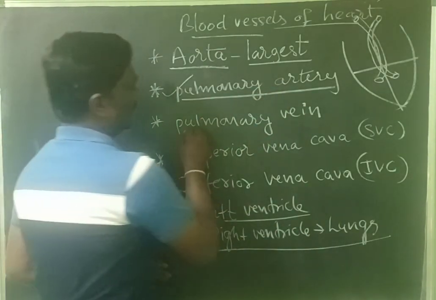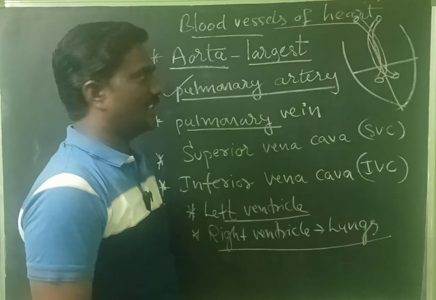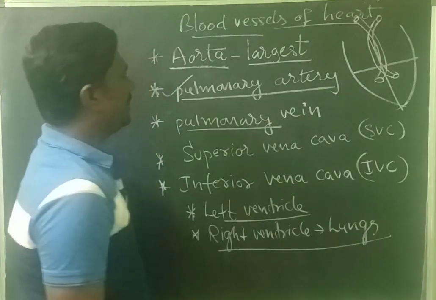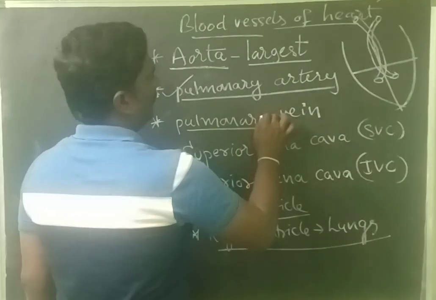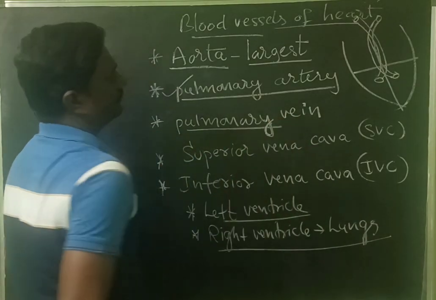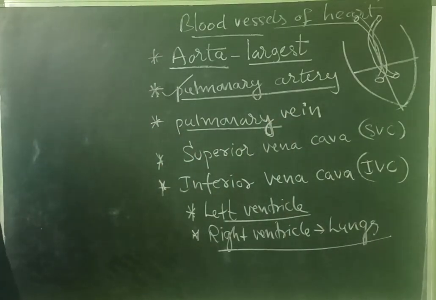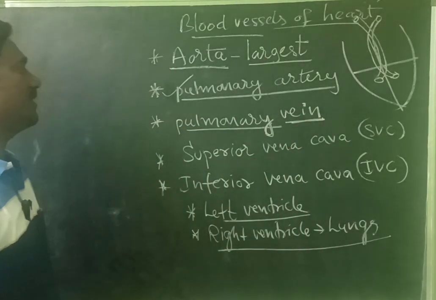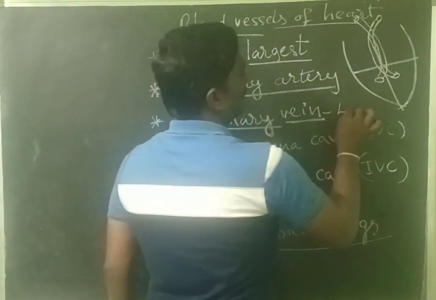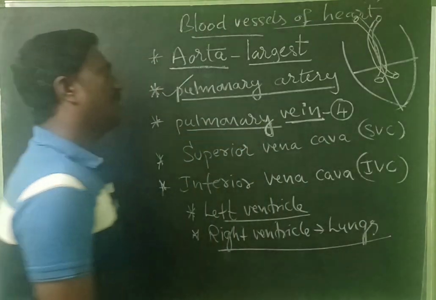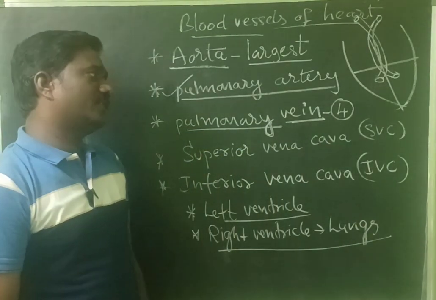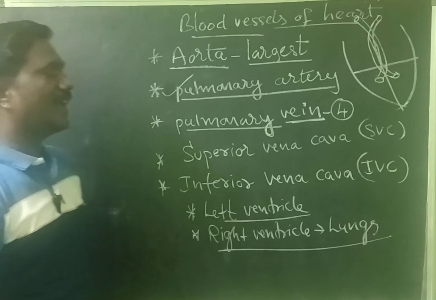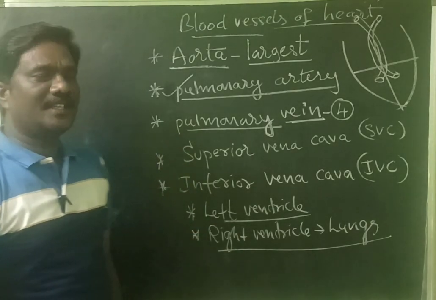Next, pulmonary veins. These are four in number. All these four veins form a pair from each lung.